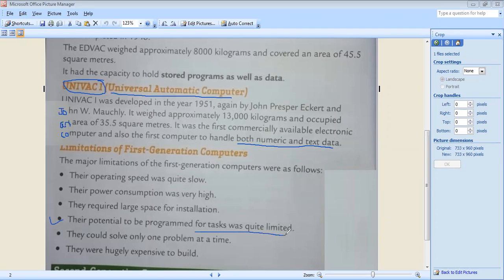They could solve only one problem at a time. They were hugely expensive to build. You can imagine the weight and then the cost.